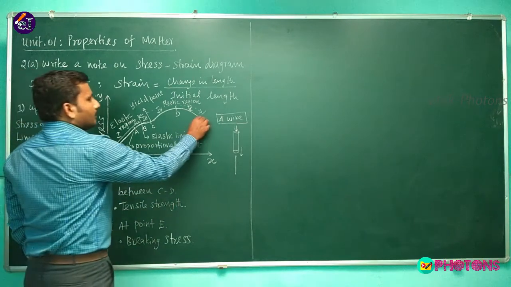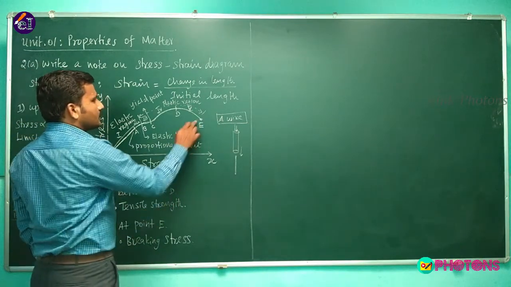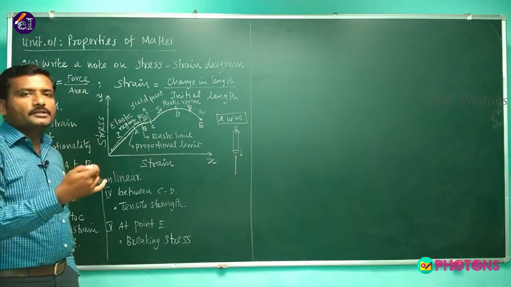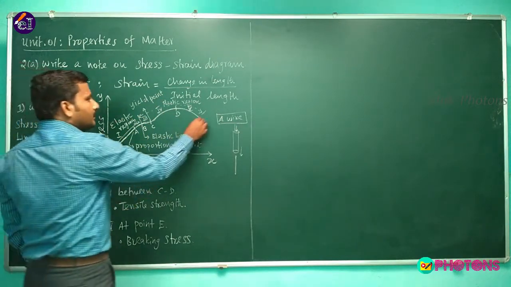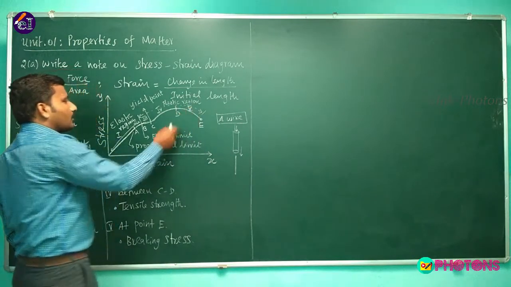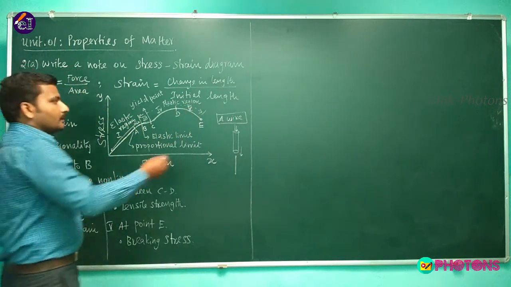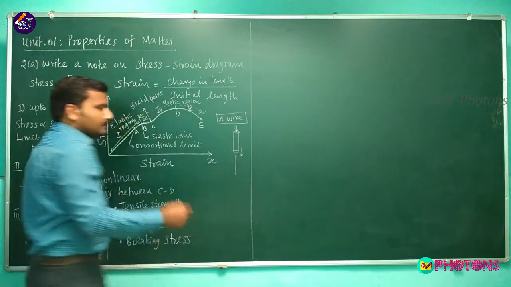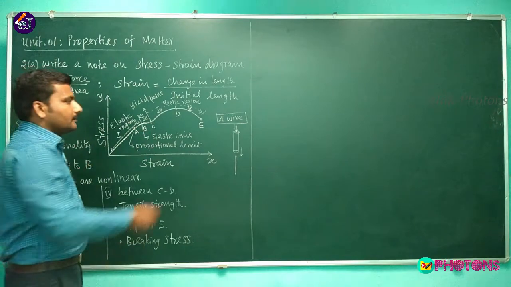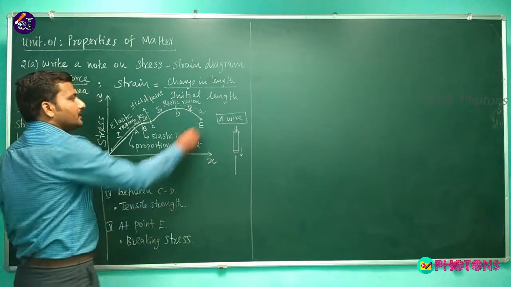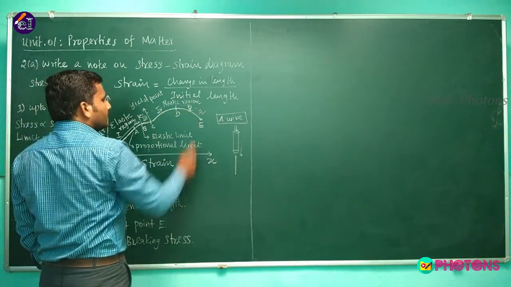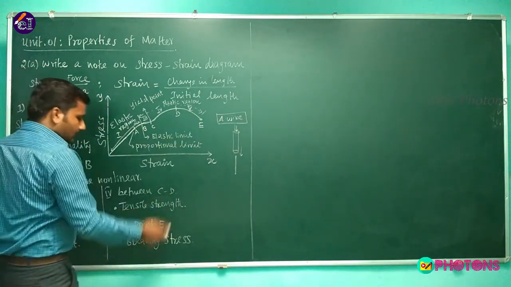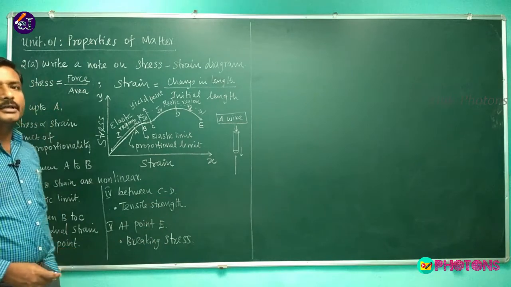So when the stress is reached at the point E, then even if you withdraw the deforming force, this material will neither be in plastic nor be in elastic region, right? This will eventually go down and the material is thinned and thinned and it eventually breaks down. So the material will automatically break down at the point E, right? So point E is called breaking point or breaking stress.